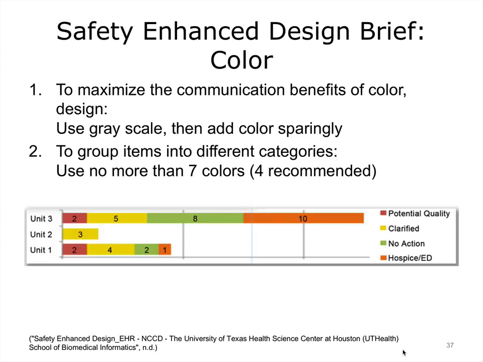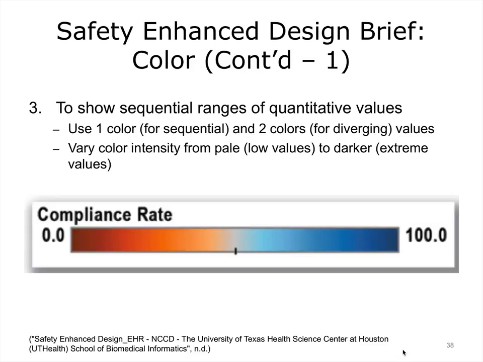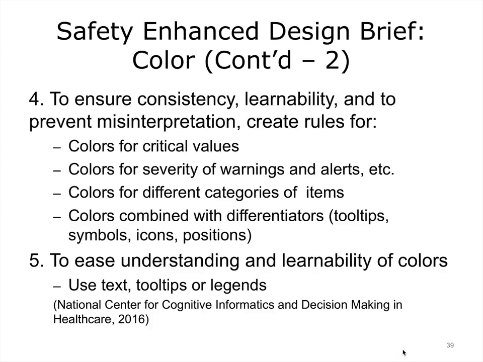To group items into different categories, use no more than 7 colors, 4 recommended. To show sequential ranges of quantitative values, use 1 color for sequential and 2 colors for diverging values. Vary color intensity from pale, low values to darker, extreme values.